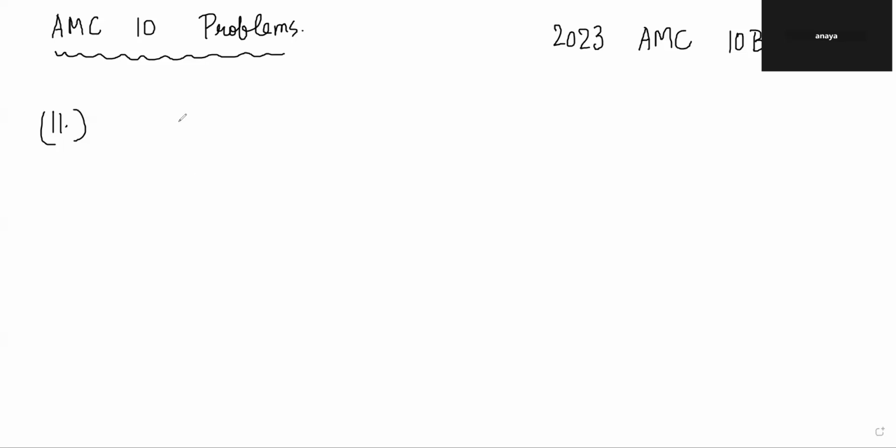So basically, there are $20 bills, $50 bills, and $100 bills, at least one of each, and it should add up to $800, right? So we have to find the number of solutions of the equation 20a plus 50b plus 100c is equal to 800, right?